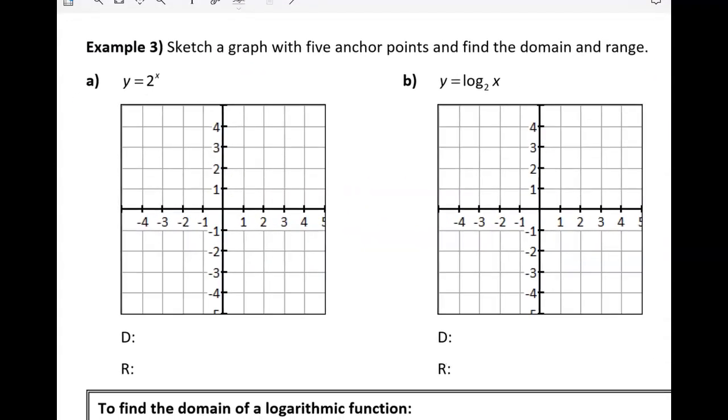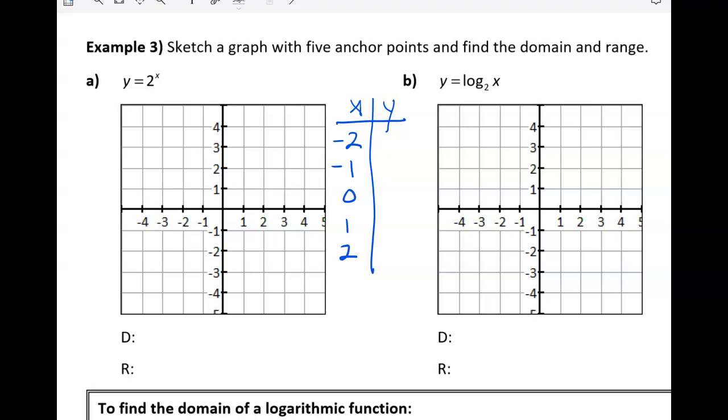We can graph a basic exponential fairly easily using a table of values. So I'm going to plug in some x values, a couple negatives and a couple positives.